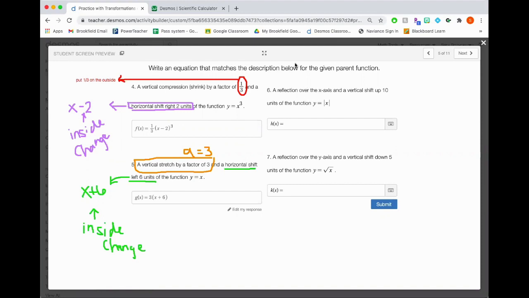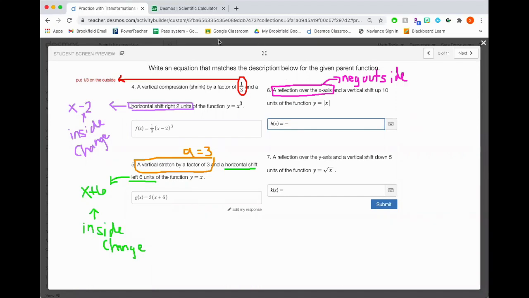Number 6, we have a reflection over the x-axis, so that means a negative outside. The first thing you're going to have is h of x equals negative.